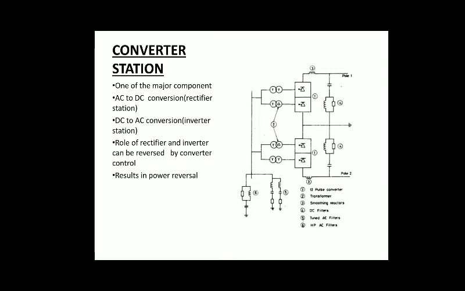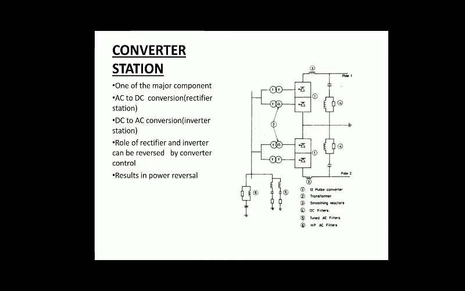So how do we shift from rectifier mode to inverter mode? Actually, we change the angle of the gate voltage that we are applying to these SCRs, and that changes whether it is used as rectifier or inverter. So it can be reversed by converter control, which also reverses the power.